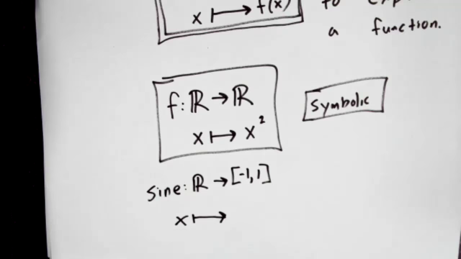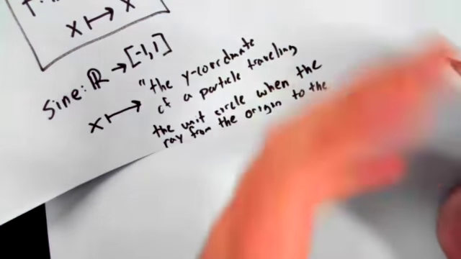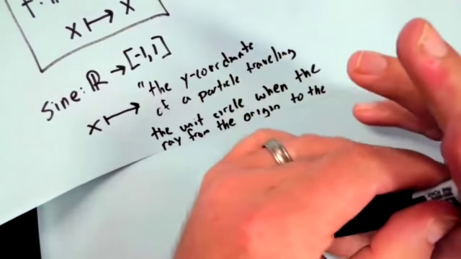Well, it's like a recursive definition. It's what everyone was going to say. So now I've gotten it out of the way. x maps to, I can't say sine of x because I'm trying to define sine. You have to have a very verbose description because that's what this actually is.